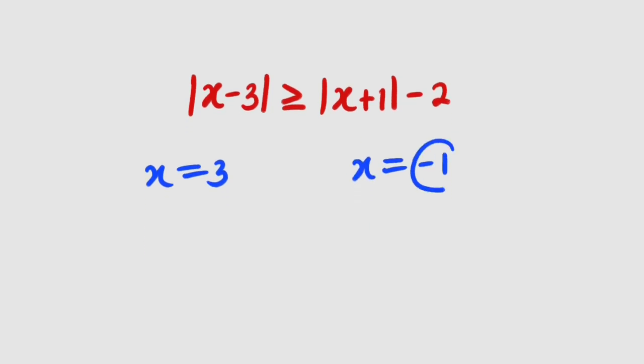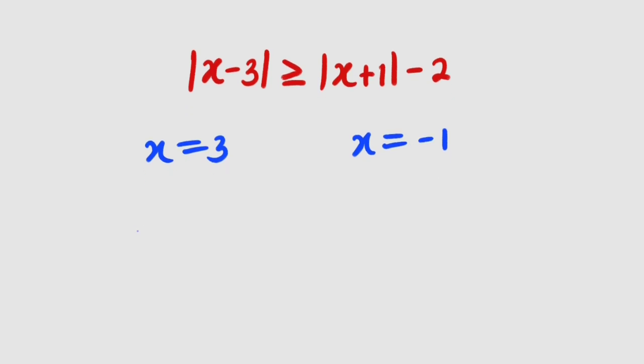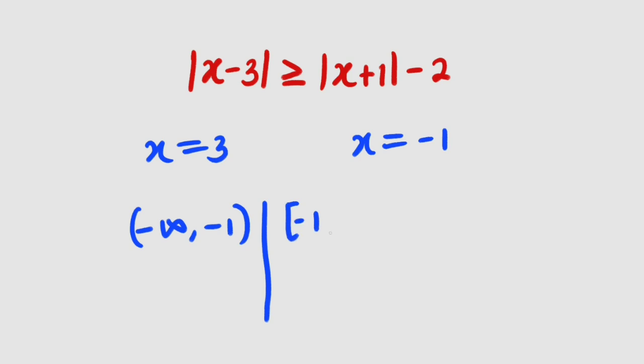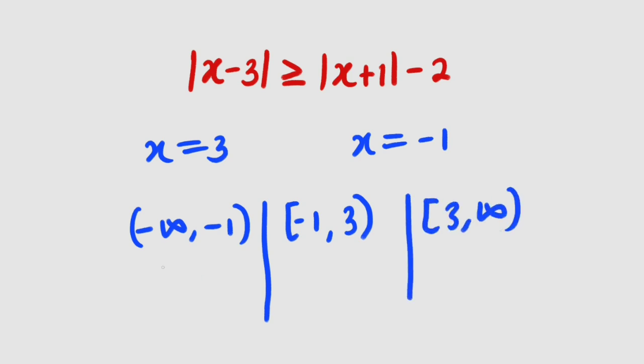Because negative 1 is less than 3, we are going to begin with negative 1. So our intervals will be from negative infinity down to negative 1 exclusive. Then the second one will be from negative 1 down to 3, including negative 1 and excluding 3. Then the last interval will be from 3 down to positive infinity.